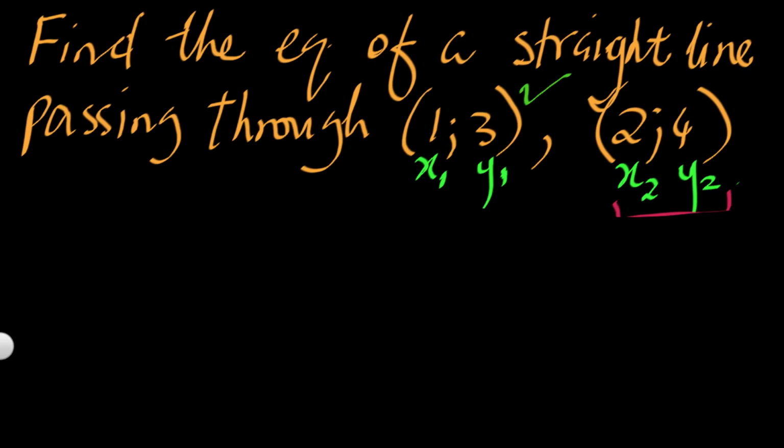I'm not going to calculate m again. I just want to show you how you do it. We know our m is equal to 1. We have it, but we don't have our c, but we still want to find the equation of a straight line. This is another way that you can do it.